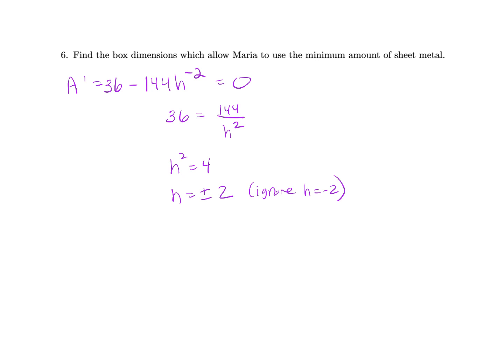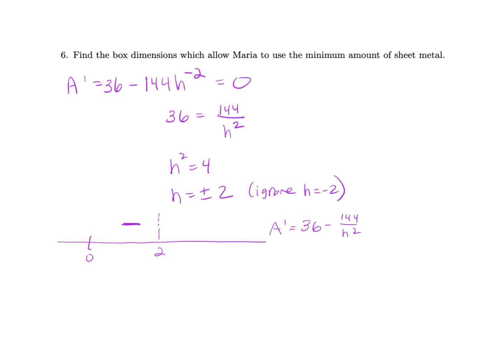And then I'm going to verify that H equals 2 is a minimum, that it will actually minimize the surface area. So A prime, which is 36 minus 144 over H squared, put 2 here. If you put something smaller than 2 into this formula, something between 0 and 2, because the end point is 0, like maybe a 1, you get a negative.